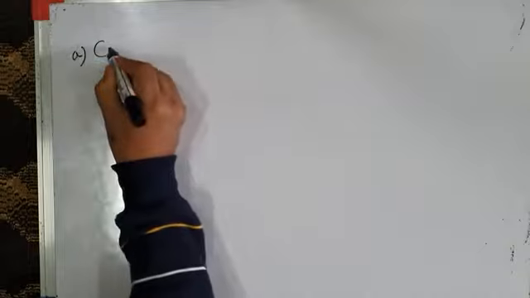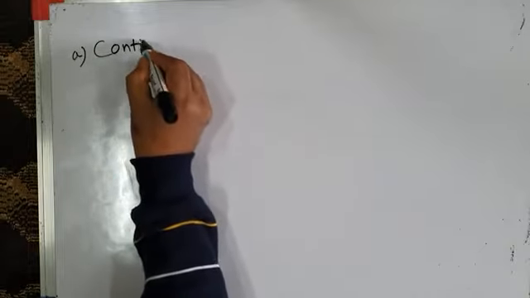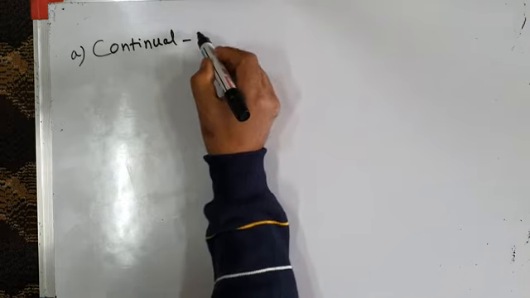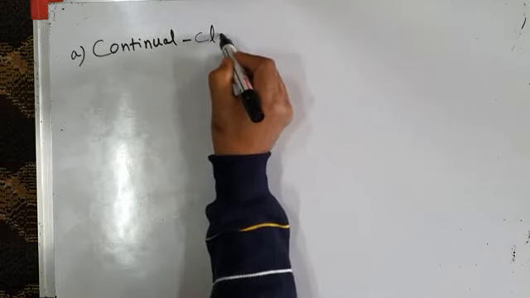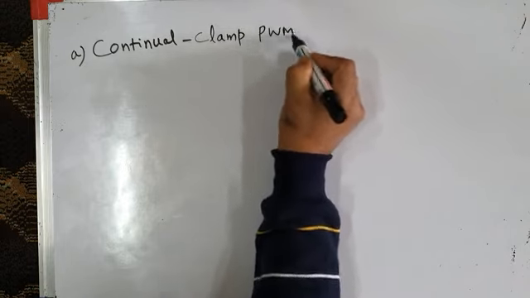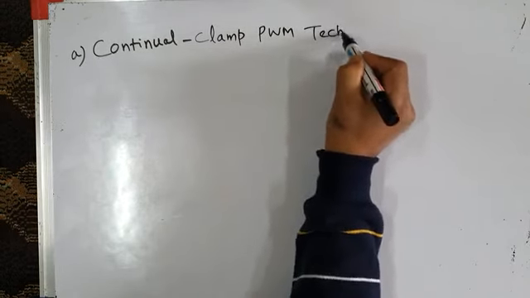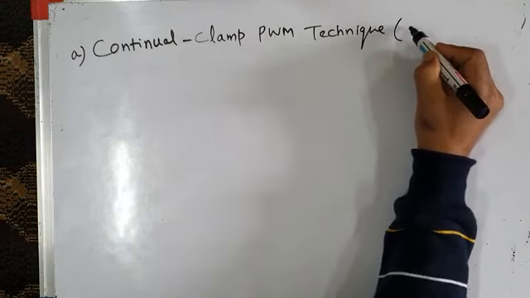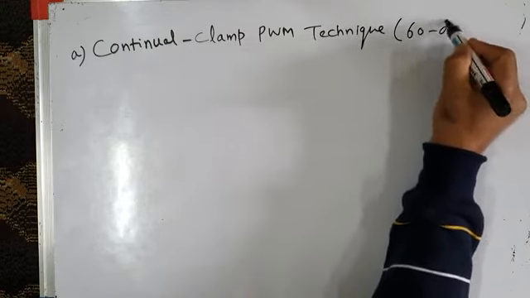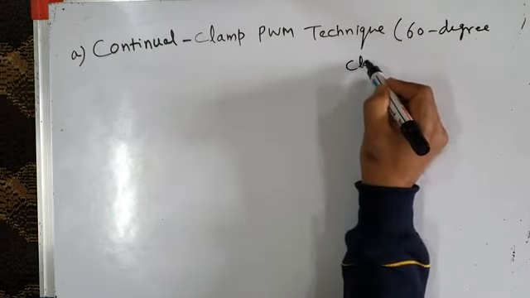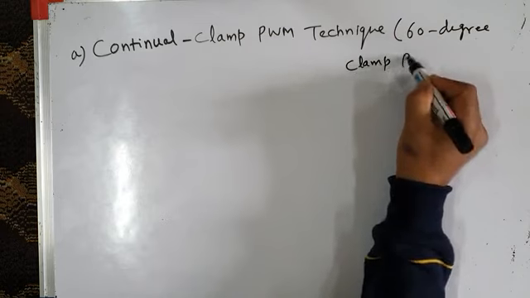So I will write here continual clamp PWM technique. The first type of bus clamping PWM technique is the continual clamp PWM technique. In this technique, I am going to discuss the 60-degree clamp PWM technique.